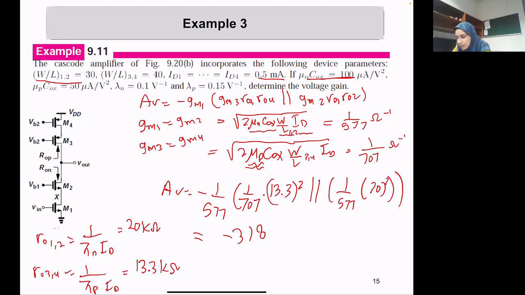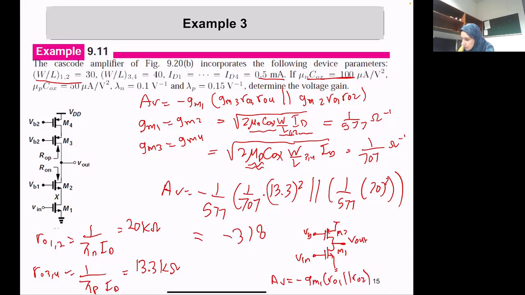A cascode amplifier. If you remember, we have a common source amplifier like this, with V out here, and here I'm biasing. The gain is minus GM1 times R out 1 in parallel with R out 2.